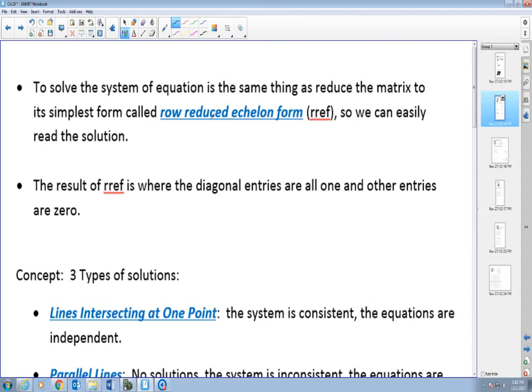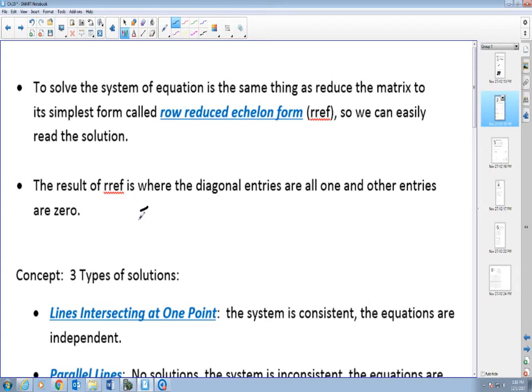So I'm going to do this in the calculator. Rather than show you how to do it by hand, I will enter my augmented matrix in the graphing calculator, so we can perform row reduced echelon form using the calculator.